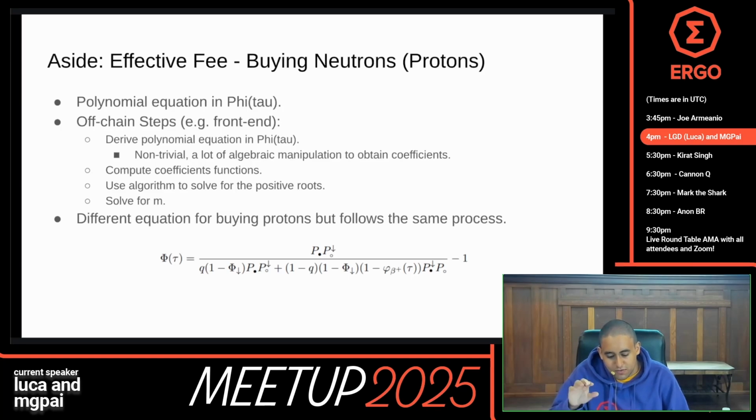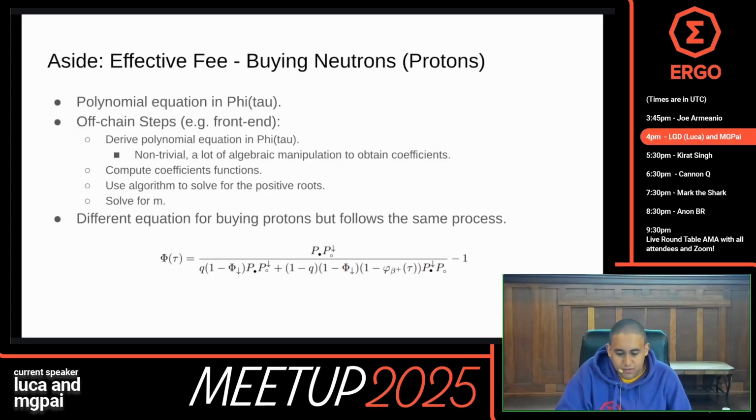You can only do each individual one for simplicity. If we wanted to implement that to improve the UX, you'd have to derive it; it ends up being a polynomial equation for the effective fee because the beta decay fee depends on this effective fee as well.